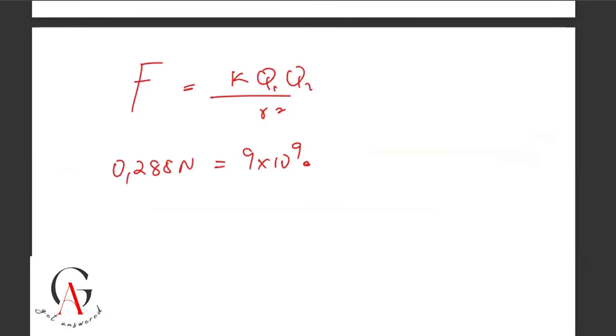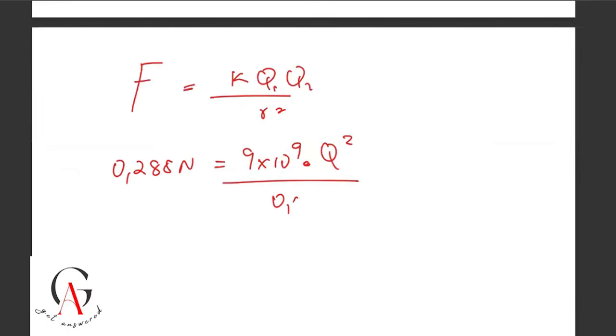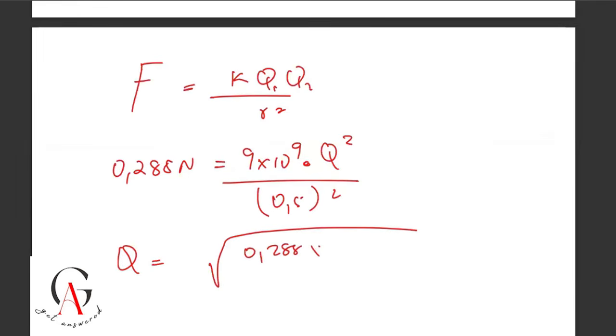Then I'm going to say that is Q squared. The distance between them, they told us 500 millimeters. Change this to meters, which will be 0.5, but squared. Meaning that my Q is going to be the square root of 0.288 multiplied by 0.5 squared over 9 times 10 to the exponent of 9.